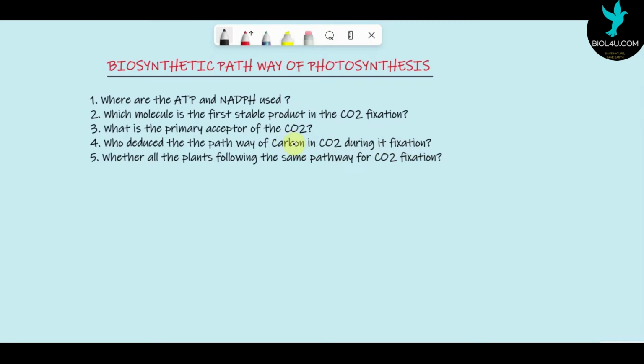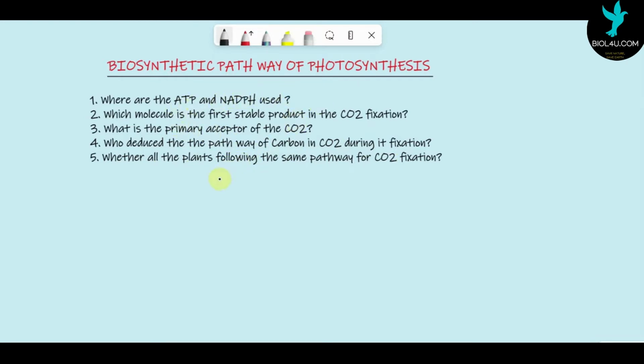The pathway of this carbon was deduced by a scientist. Who that scientist is, we will discuss later. The next question is whether all plants follow the same pathway for carbon dioxide fixation or not. All these questions we will answer in this video. So let us begin the biosynthetic pathway of photosynthesis.